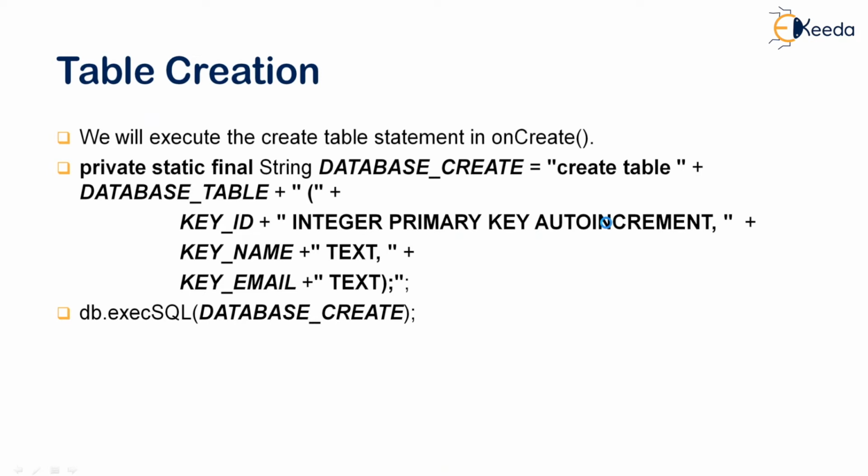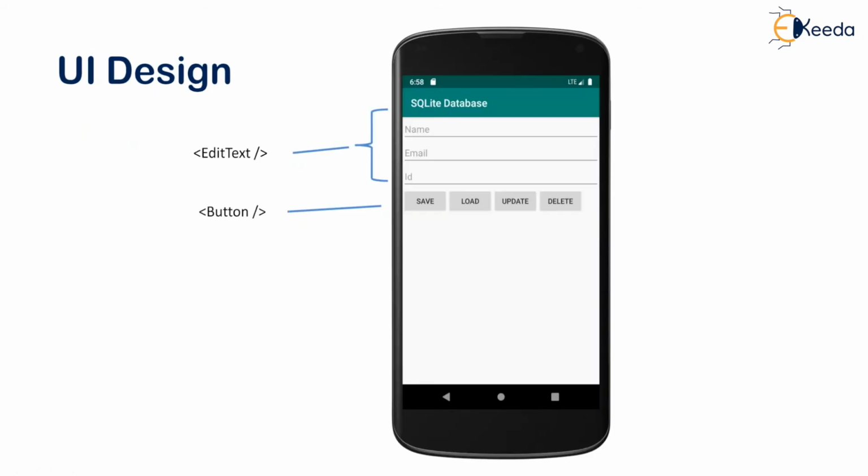When you add a new record, this value will automatically be increased. And the key name is text, key email is also text. I have already explained the difference between Sqlite statements, create table statement, and SQL create table statement. The only thing is that irrespective of the data type definition of a column, you can insert whatever data you want.